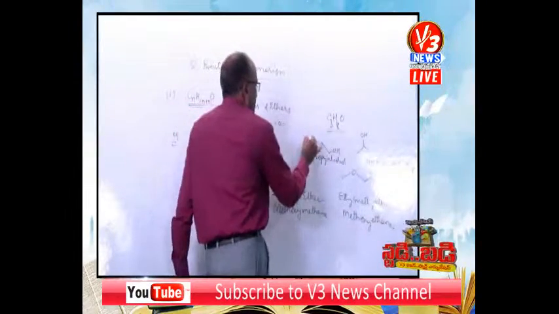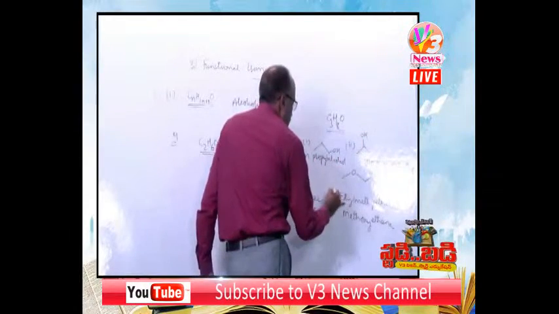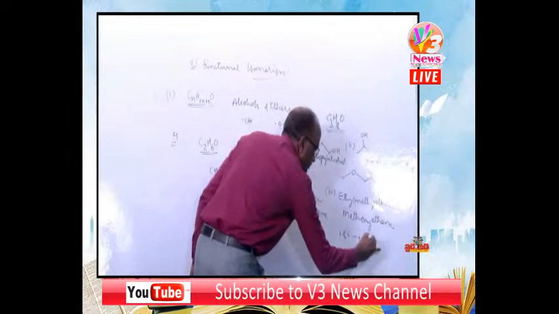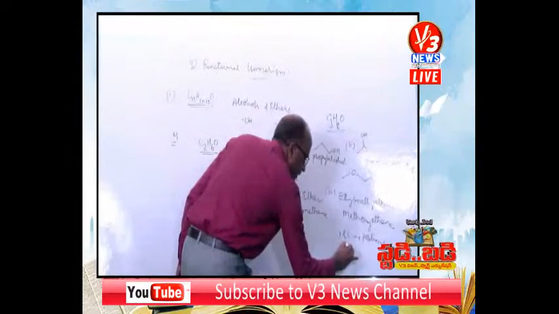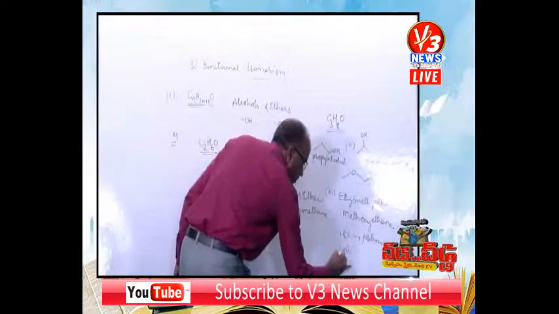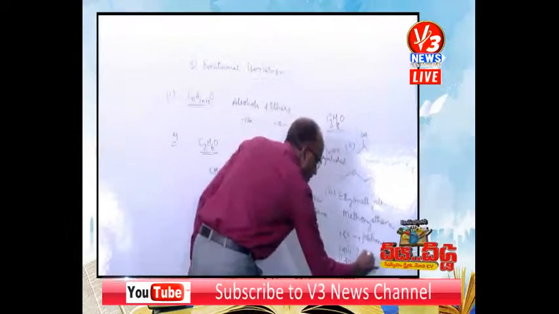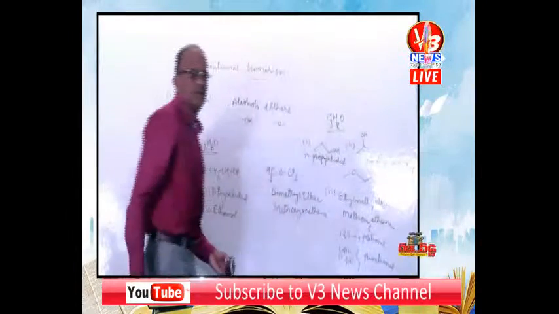Or you can note down like this, 1, 2, 3. So the isomerism between 1 and 2 positional, 1 and 3, 2 and 3 functional. Like this.